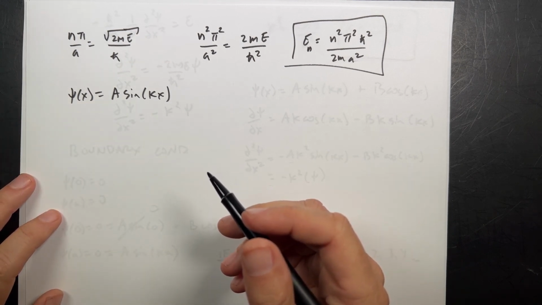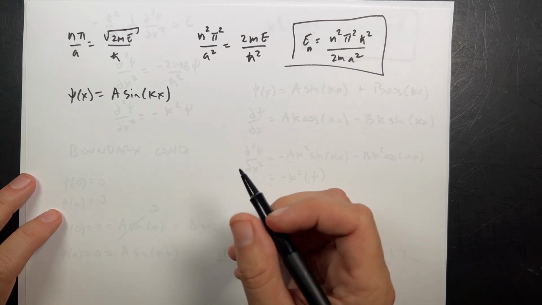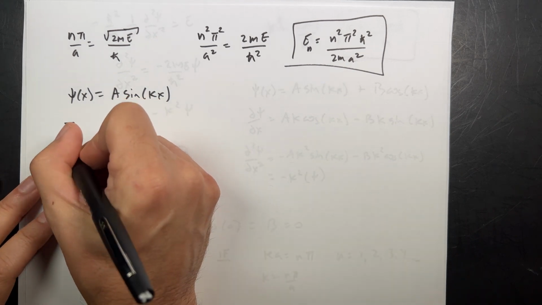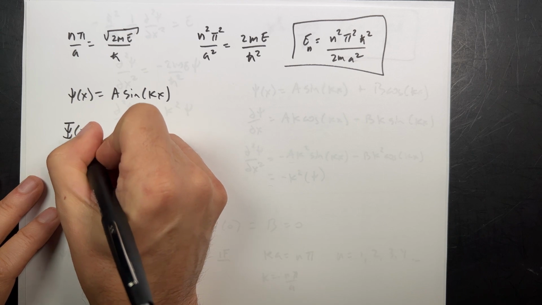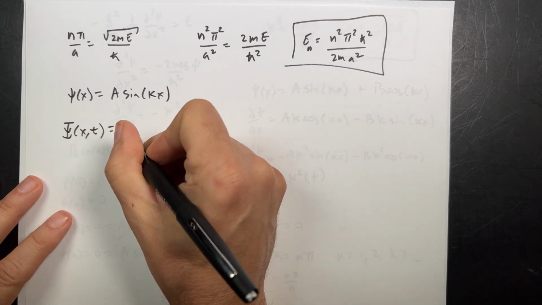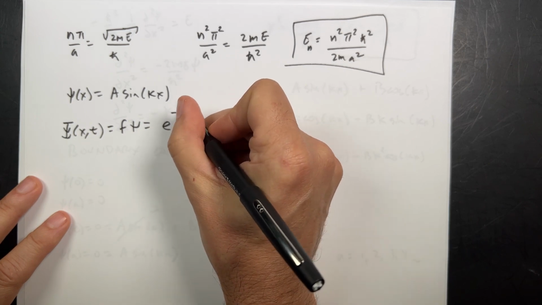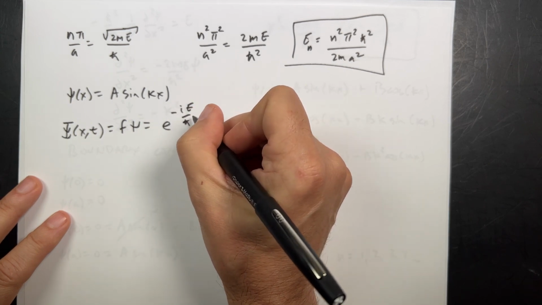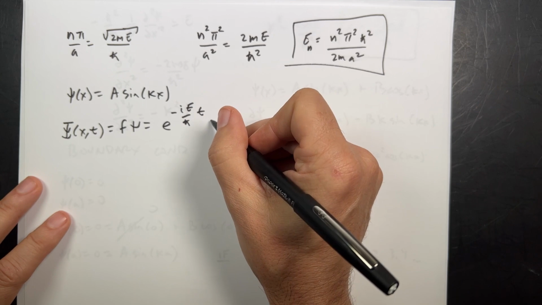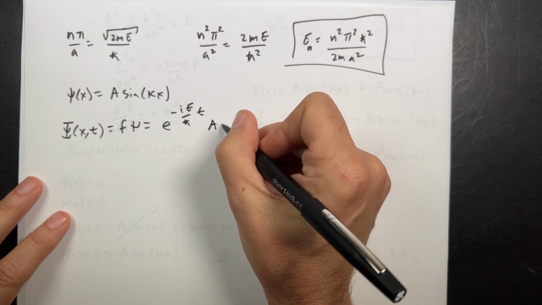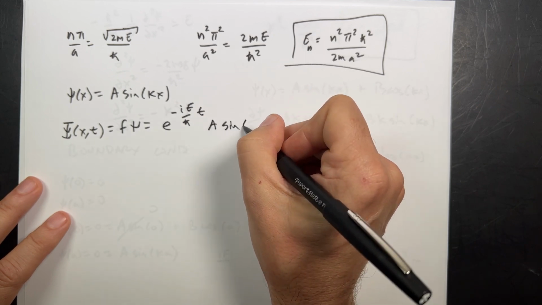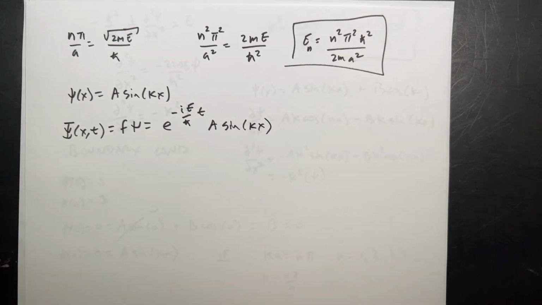Let's put this all together and find my total function, which will not be complete. Psi of x and t is e to the minus i E over h bar t times A sine kx.